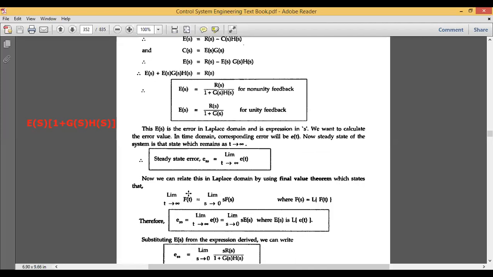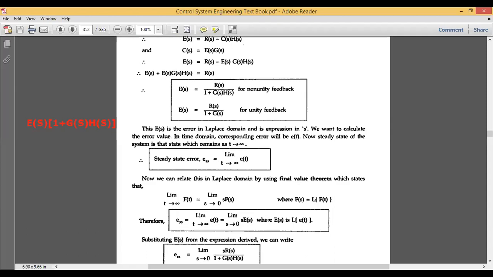So therefore, applying the final value theorem for this steady state error, we get e_ss is equal to the limit t tends to infinity of E(t), which becomes the limit s tends to 0 of s multiplied by E(s), where E(s) is the Laplace transform of E(t).